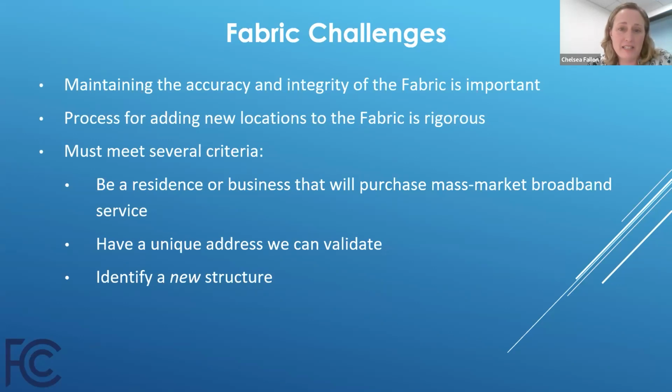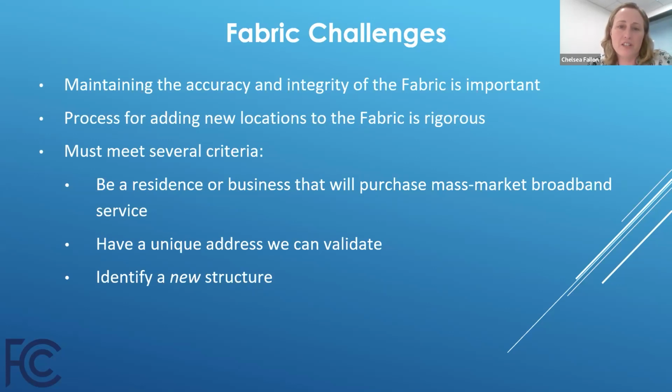One, it has to be a BSL, and that means it's a residence or a business that would buy mass market broadband service. So all the various sheds, garages, storage units, or barns across the country are not considered broadband serviceable locations under the FCC rules.